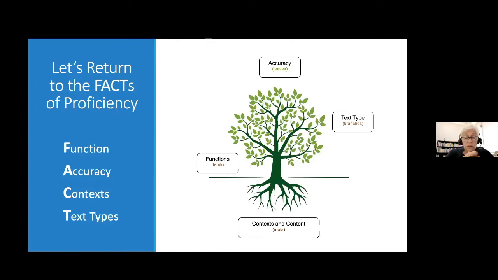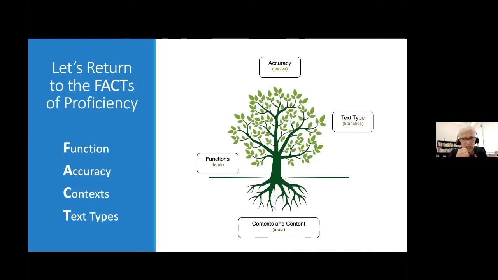Context, the situations in which we have students use language, and text types, from the word to the sentence to the paragraph level. And an image that ACTFL often uses when they talk about proficiency is a tree, because those contexts grow. Remember, we want to have ever-varied contexts.